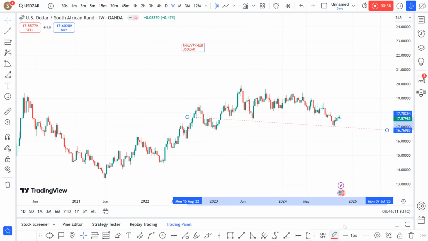We have another structure here which we want to take note of.